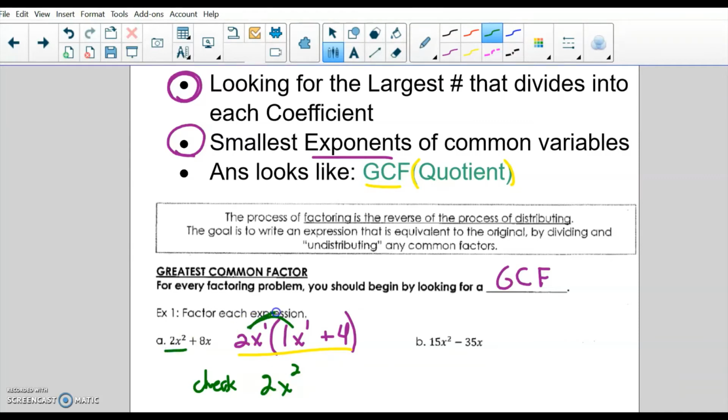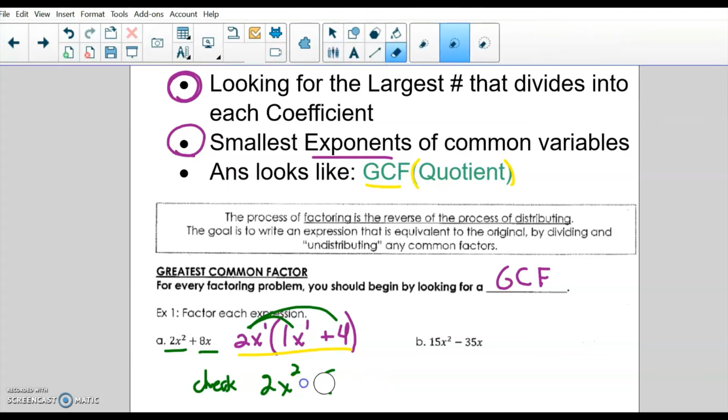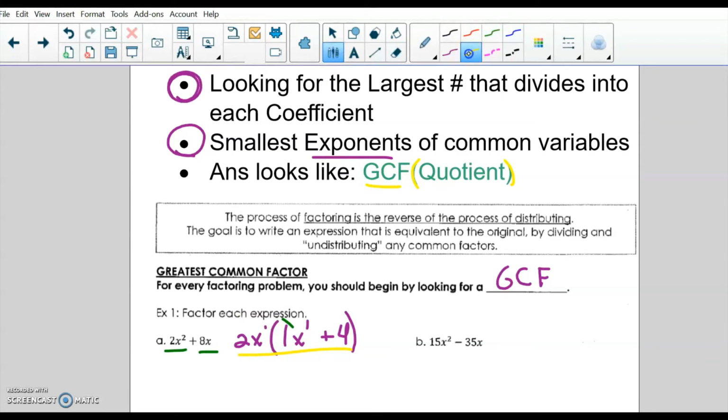If I take the 2x and I multiply it by the 4, I get 8x, which is exactly what we started with. So that's just a check. That's not the answer. Our answer is in purple. 2x, parentheses, x plus 4. So that is our GCF factoring for that problem.